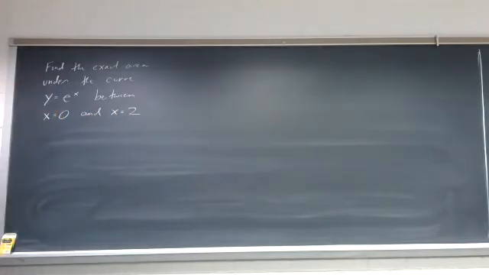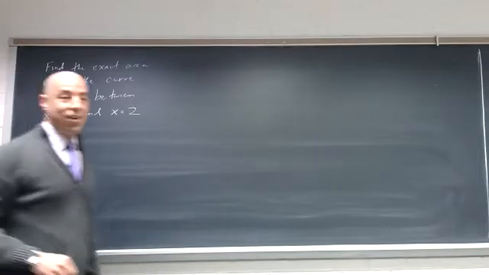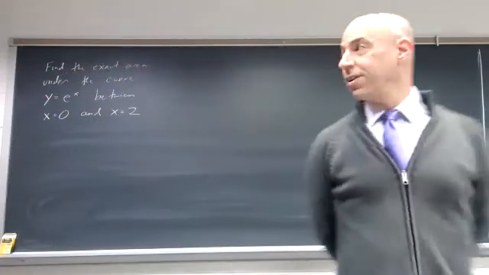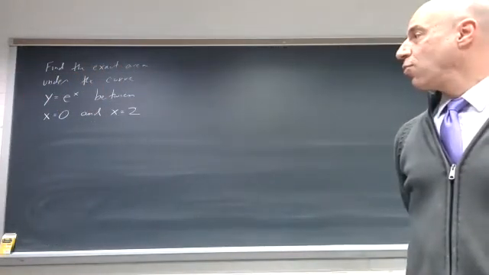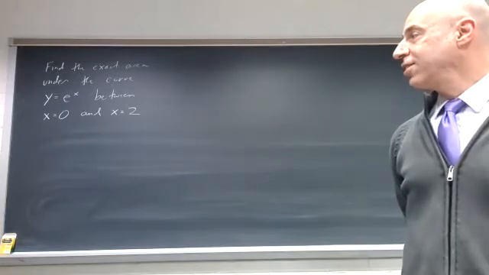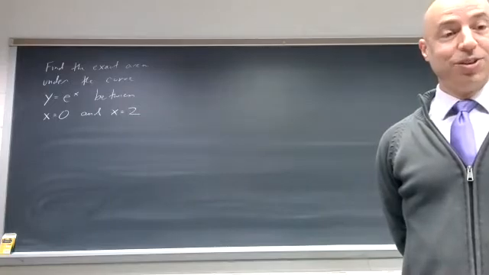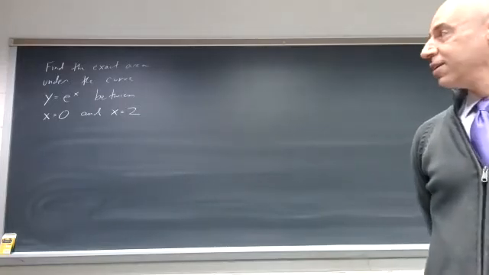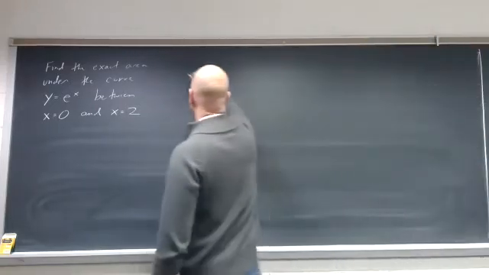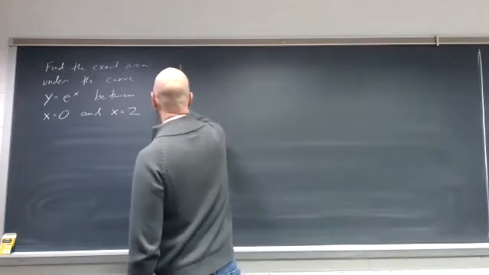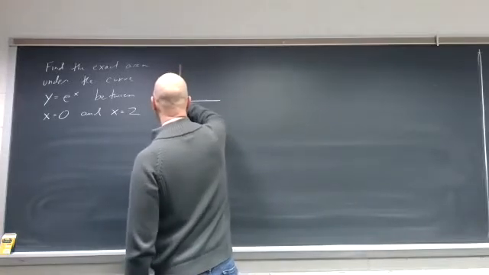Okay, let's do that. Let's find the exact area under the curve y equals e to the x between x equals 0 and x equals 2. You don't need a picture here. I'll draw one anyway.